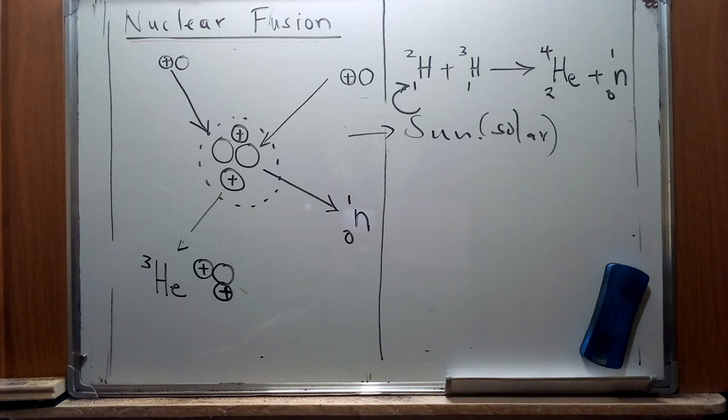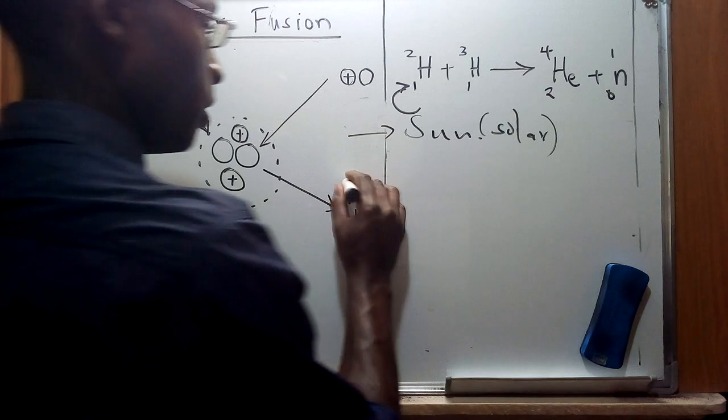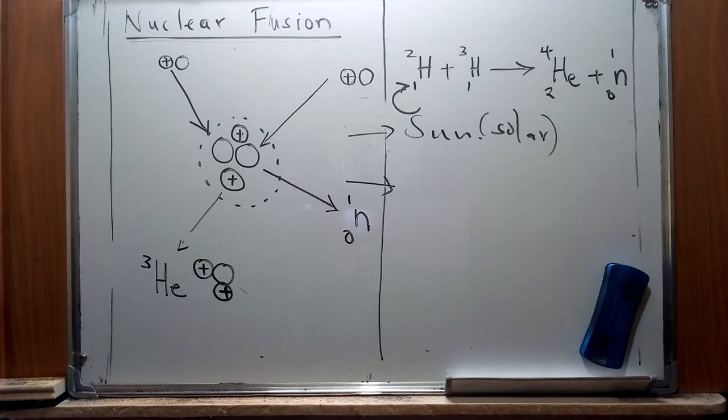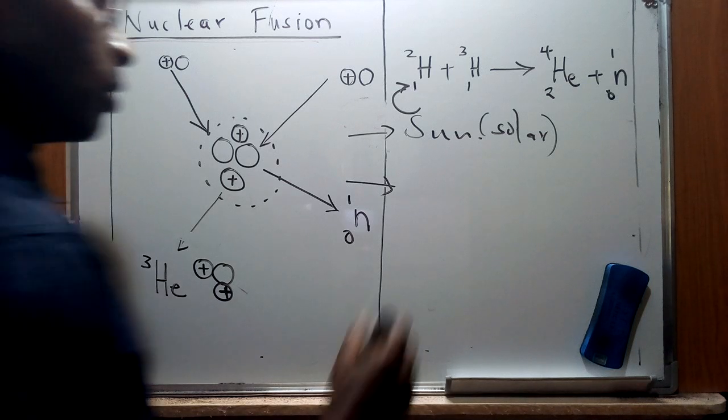This process has not been exploited to a large extent in our day-to-day applications, because it involves very high temperature and pressure in order to overcome the repulsive forces of the protons.